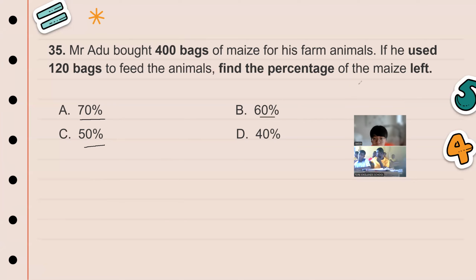So we're finding the percentage of the maize left. What is left? What is left is 400 minus 120, which is 280 maize bags left.